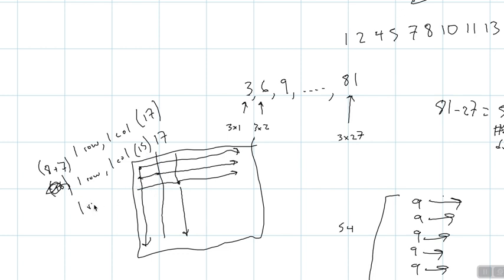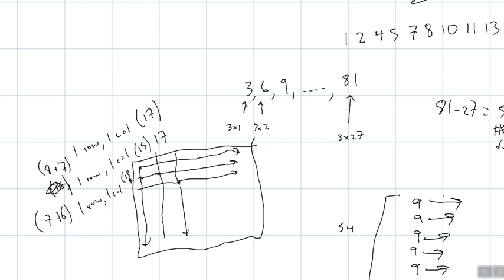Then if we do another one row, one column, like this here, in the row, the number of new numbers that we have here is 7, and then the number of new numbers in the column is 6.